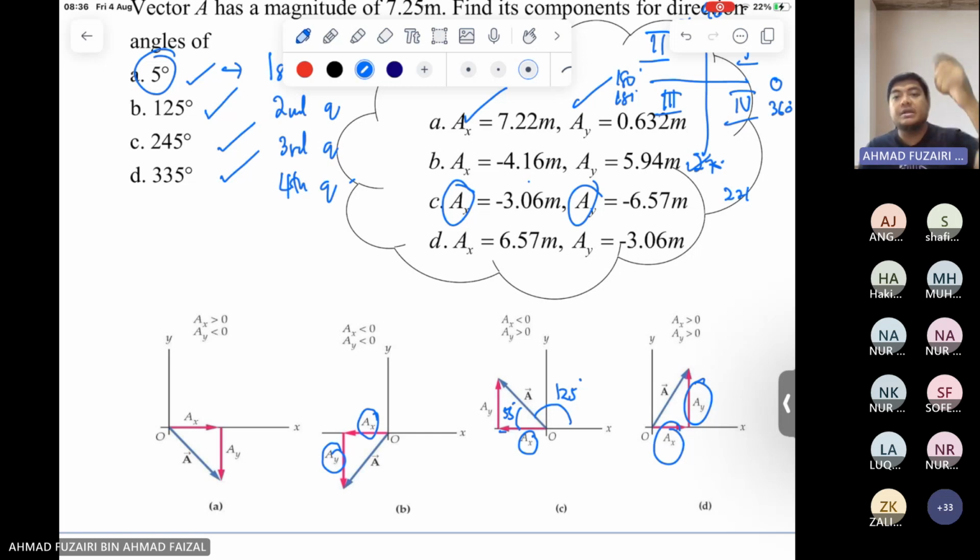Okay? Bila satu ke atas, satu ke kiri, maka dia akan opposite direction. Vector kan? Okay? And how about vector D? Okay? 335 duduk dekat kuadran number 4. So that's why AX dia akan positif, AY dia pula negatif. So ini penting untuk pemahaman kita lah. Okay? The value itself it will be based on your understanding in terms of quadrant. Okay.